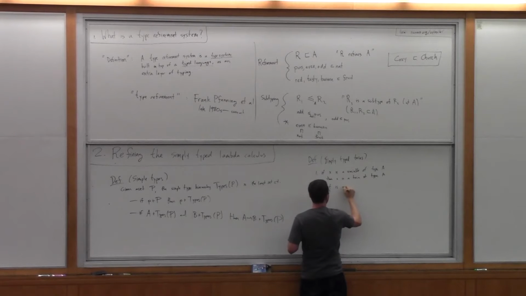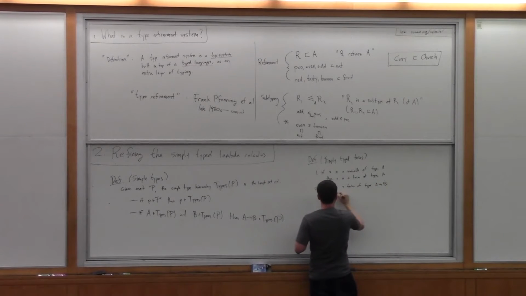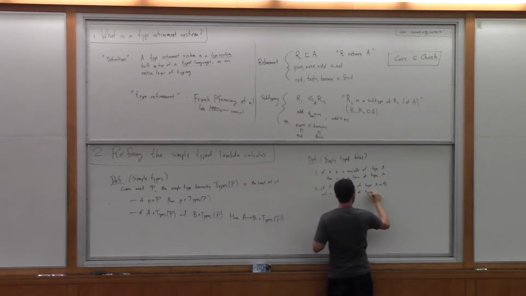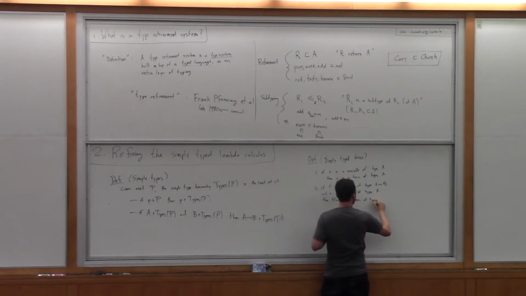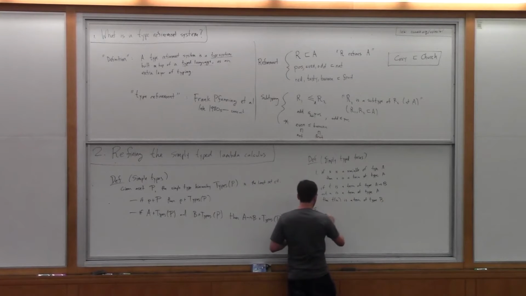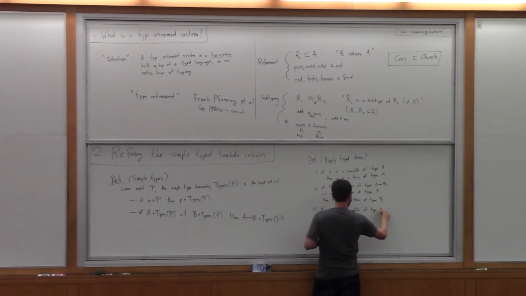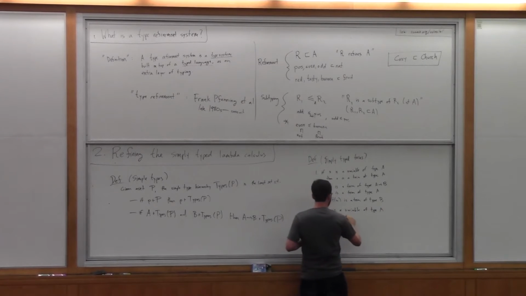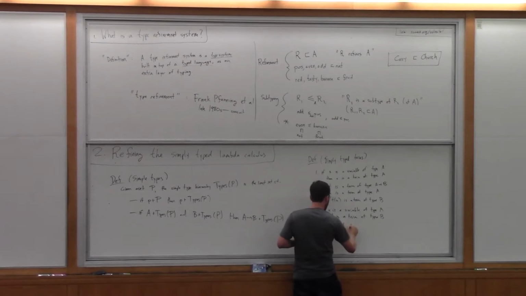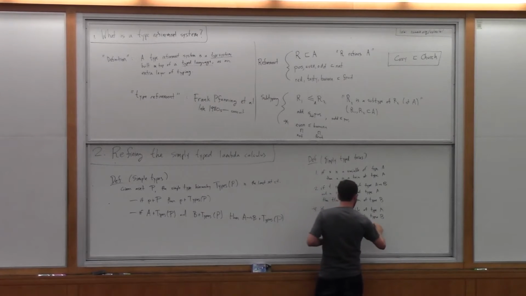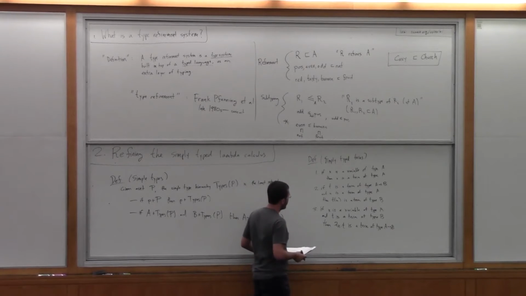If T is a term of type A arrow B, and U is a term of type A, then T U is a term of type B. And finally, abstractions: if x is a variable of type A, and T is a term of type B, then lambda x. T is a term of type A arrow B. So this is all familiar.